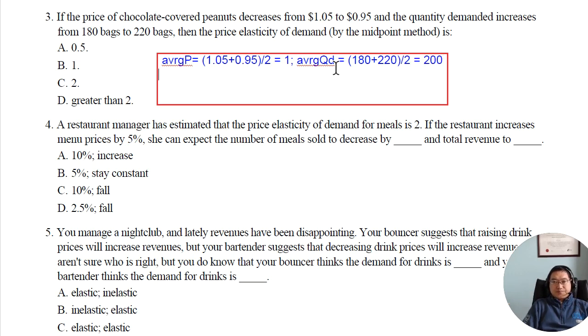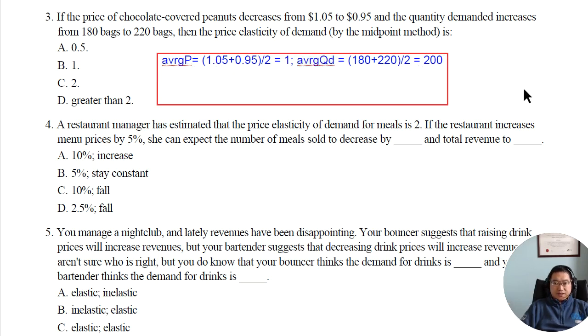Because it's the so-called midpoint formula, the key thing is that we use the average price and the average quantity demanded as the base in the calculation of the percentage change for the price and the quantity demanded.